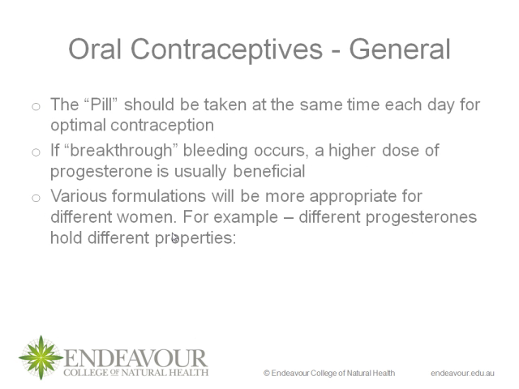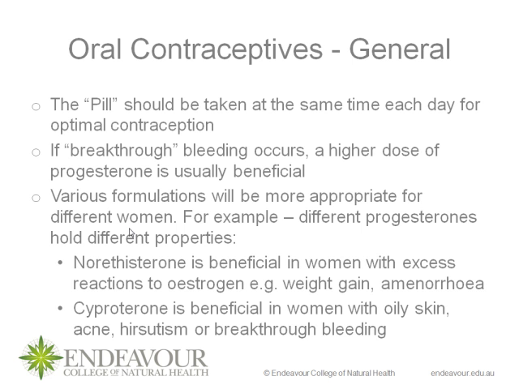The oral contraceptive pill should be taken at the same time each day for optimal contraception, and if breakthrough bleeding does occur, this would indicate that a higher dose of progesterone is needed, and so there are various formulations available for different women and for the different purposes. So different progesterones have different properties as well.